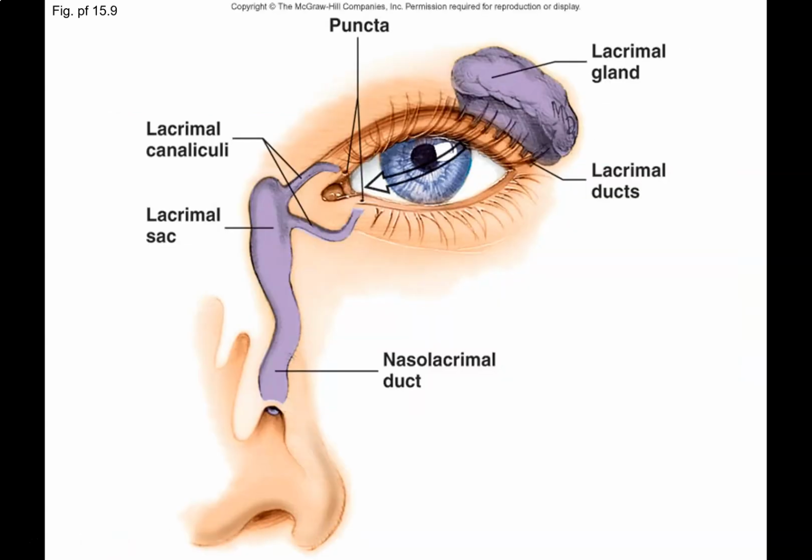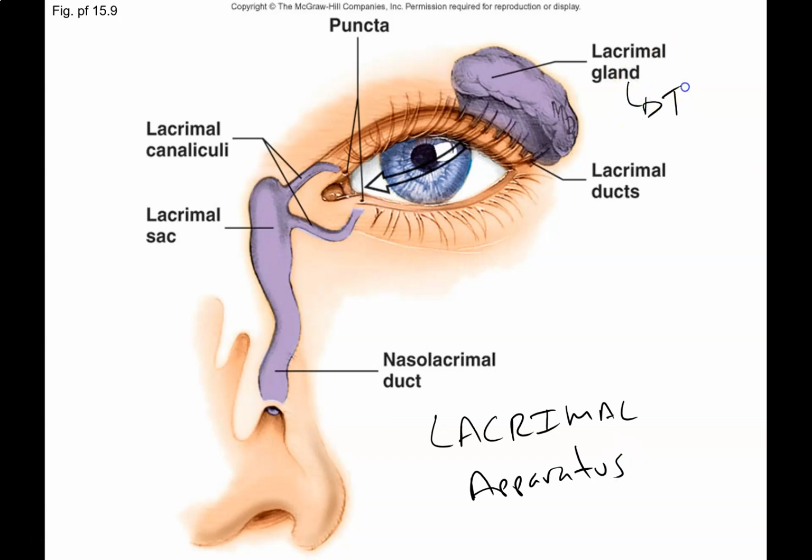Moving on with the external structures of the eye, we're going to look at a collection of structures known as the lacrimal apparatus. The lacrimal apparatus includes the lacrimal gland, which produces a watery fluid that we refer to as tears. The ducts that those tears, or the lacrimal secretions, travel through onto the surface of the eye.